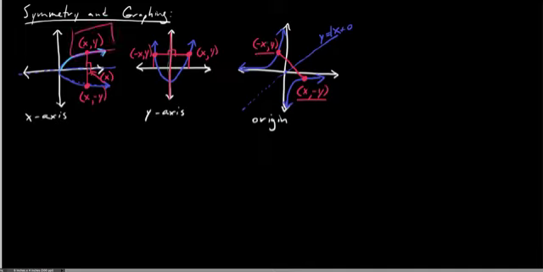But with x-axis symmetry, you'll notice that both x and positive y and both x and negative y are on here, but that the y sign is flipped. So for x-axis symmetry, you'll see that both the positive y and the negative y apply. And then over here, likewise, with y-axis symmetry, you'll notice that x changes its value.